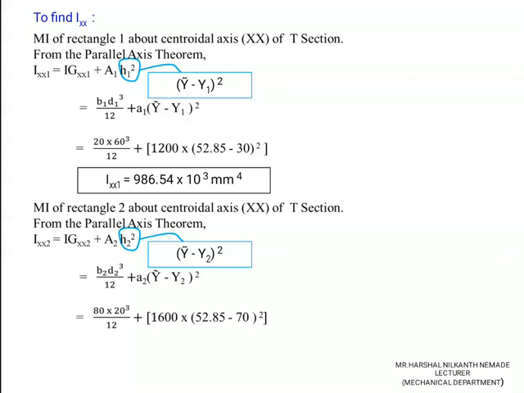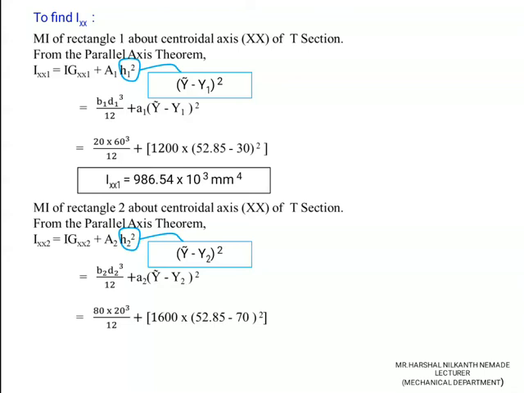Moment of inertia of rectangle section 2 about centroidal axis xx of T section, from the parallel axis theorem, Ixx2 is equal to Igxx2 plus a2 multiplied by h2 the whole square. h2 is not there, so we can write y bar minus y2 the whole square. Ixx2 is given by b2 d2 cube divided by 12 plus area a2 multiplied by y bar minus y2 the whole square.